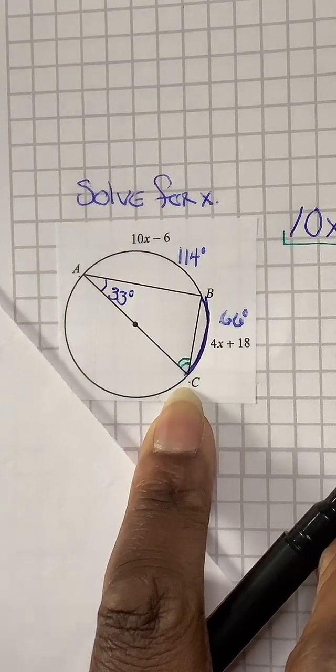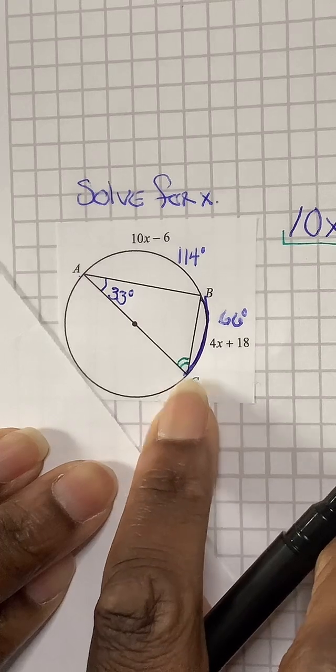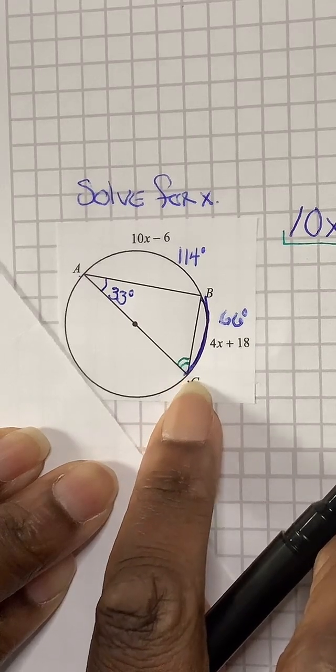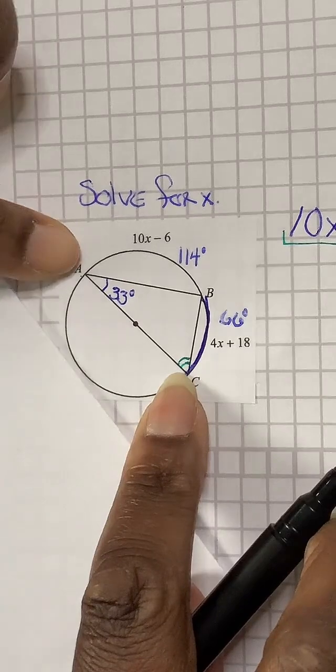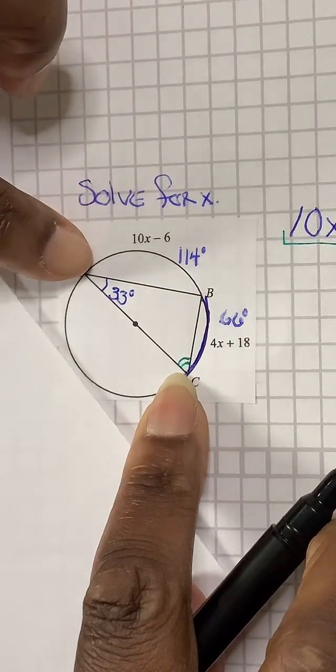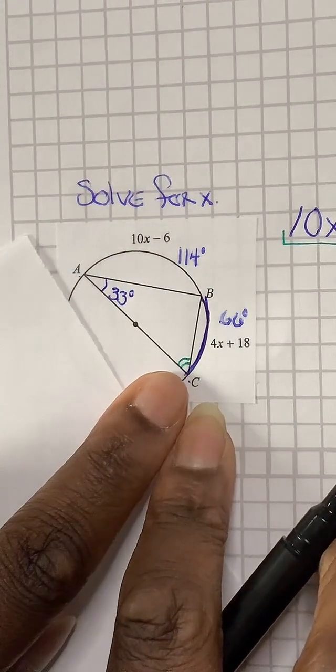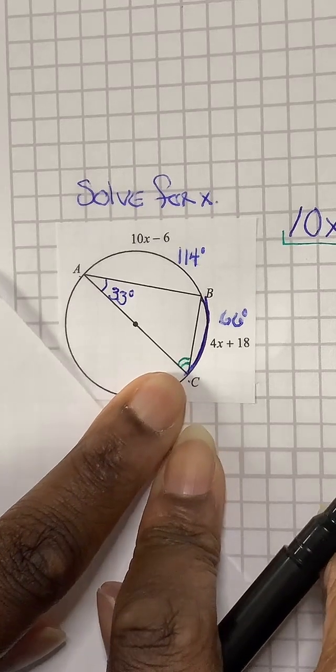It's another way for us to redeem ourselves. If its arc was 114, the measure of this angle will be what?